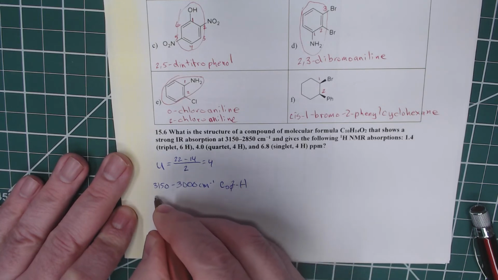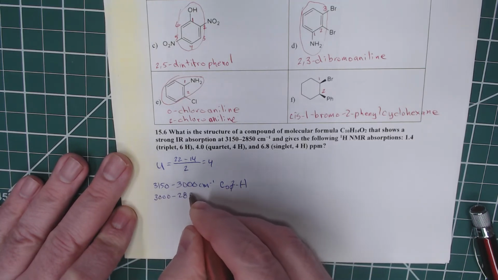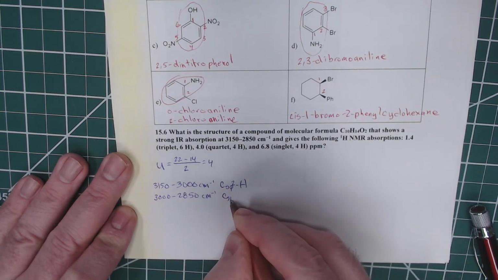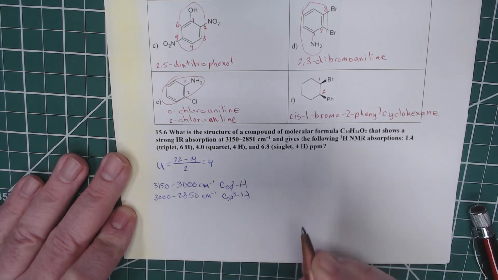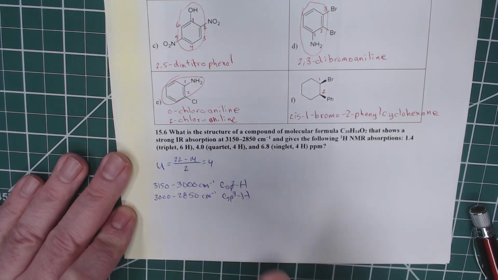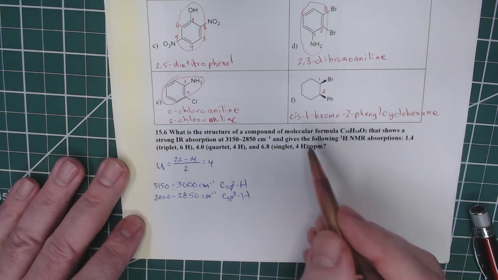And then 3000 down to 2850 reciprocal centimeters, that's the carbon sp3 hydrogen. So when you see it stretch across both of those ranges, that tells us we have both types of carbon-hydrogen stretching, both sp2 and sp3. That gives us structural information. Now let's look at the rest.